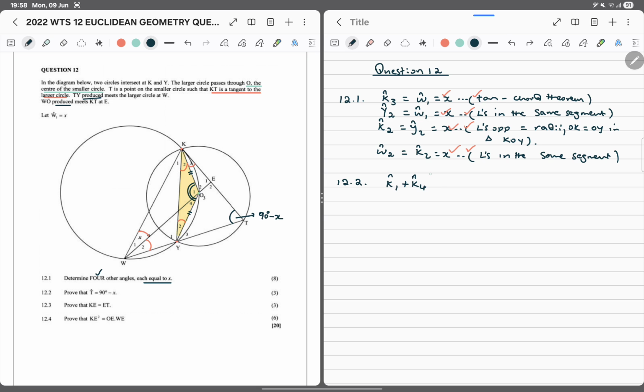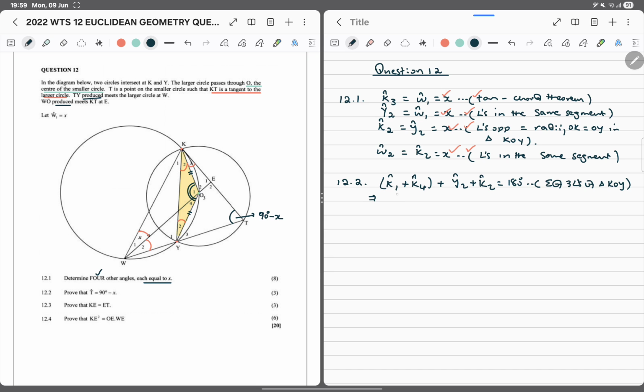Let's just do it the right way and show that these are together, plus Y2 plus K2. We should get 180 degrees, sum of 3 angles of triangle KOY. All right, so that is the story right there.